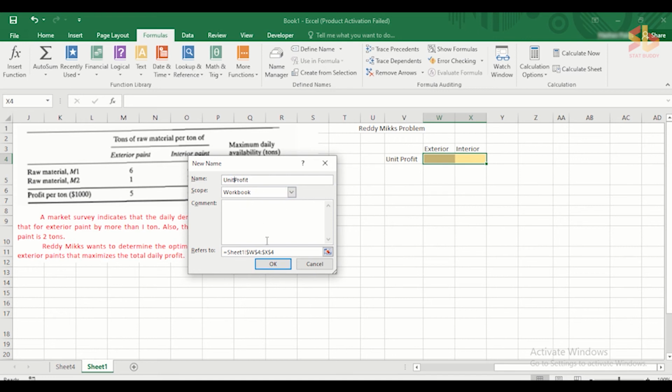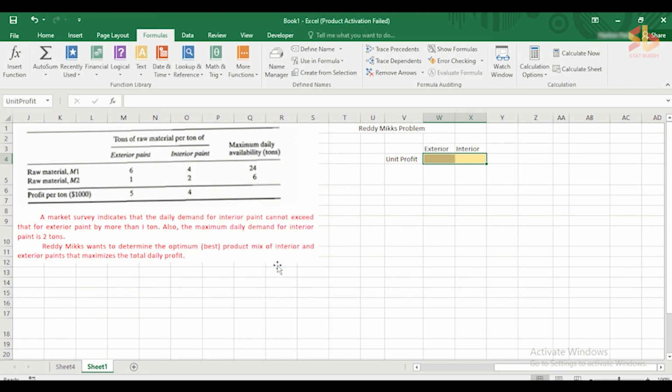Then if we are using formulas later, without marking the cell range, I can mention the name and automatically the range will be added. So now I have defined these two as unit profits. 5 and 4 are given as the unit profit for exterior and interior respectively.